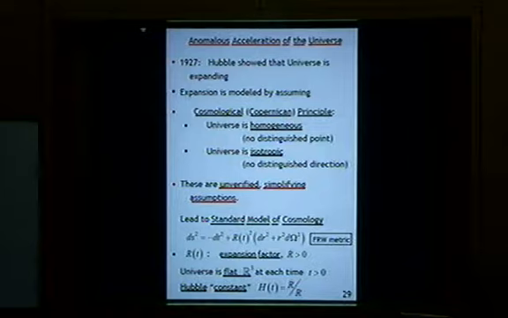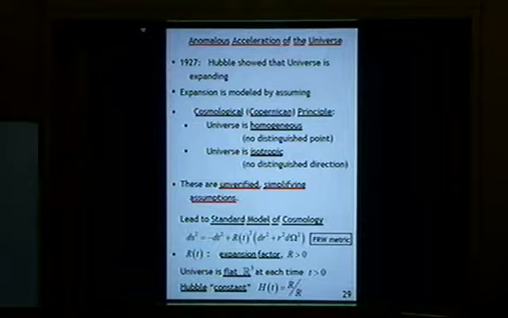That's called the FRW metric, for Friedmann, Robertson, Walker, three physicists who independently came up with this. That R is called the expansion factor, and the universe is expanding, so R dot, the derivative of R with respect to time, is positive, so it's increasing.